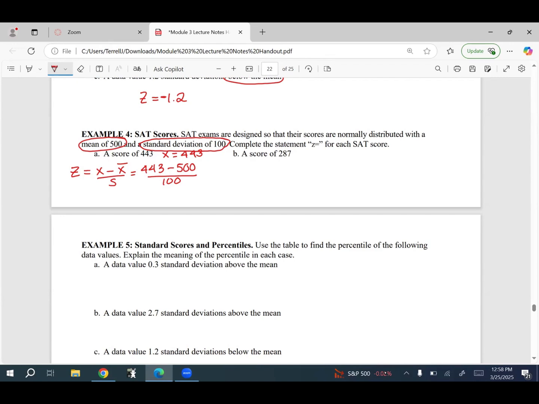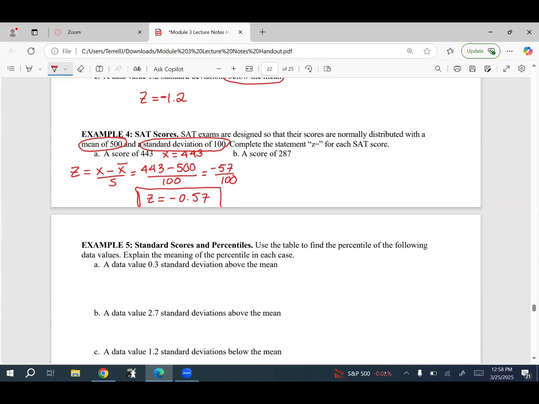And so if we do that on the calculator, we'd get negative 57 over 100. And we always want to round our z-scores to 2 decimal places. I'll show you why in a second. We're going to look at something called the z-table, and in that z-table, all the z-scores are rounded to 2 decimal places. So when you divide negative 57 by 100, you should get negative 0.57.